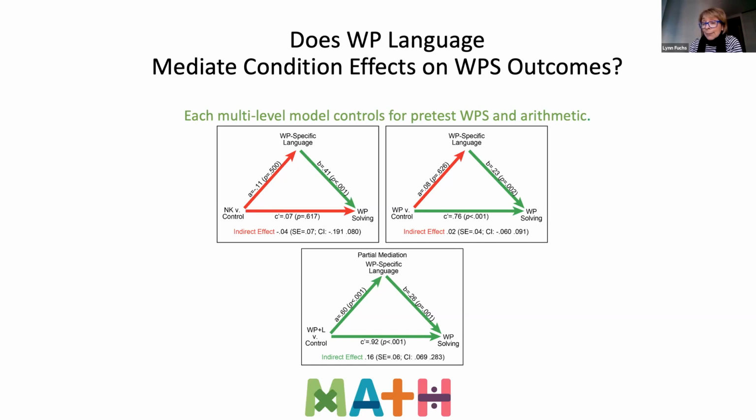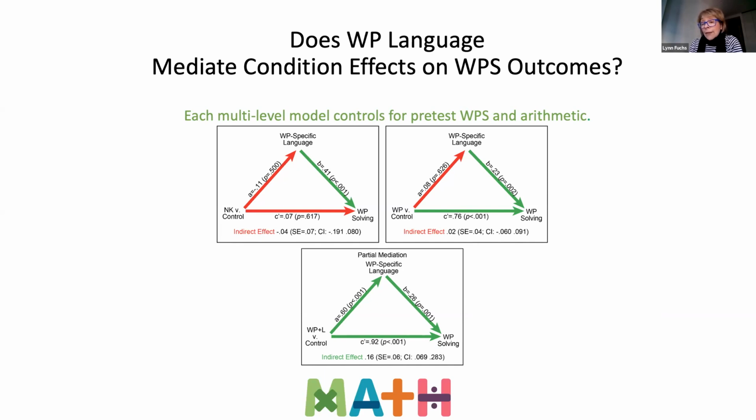So that path is significant, a significant direct path. But we also have a significant indirect effect because that contrast also has a significant effect on word problem language. And word problem language has a significant relation to word problem solving.